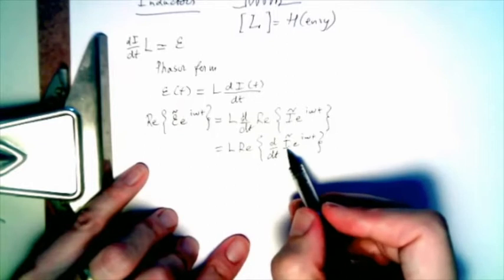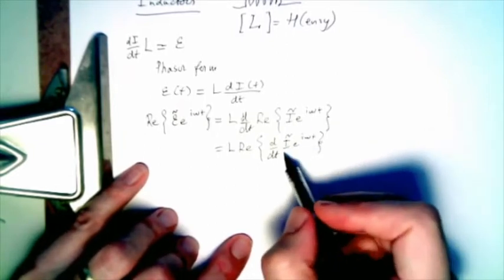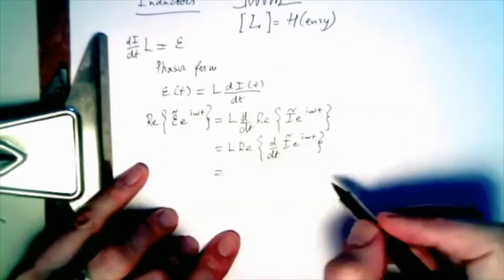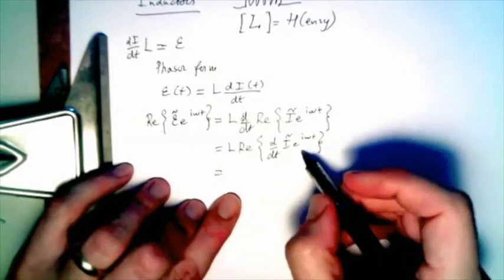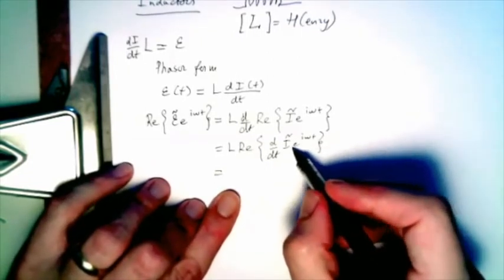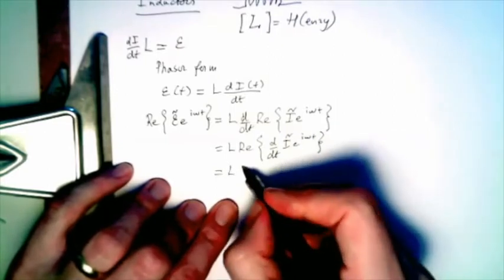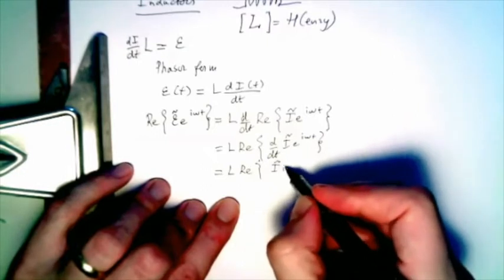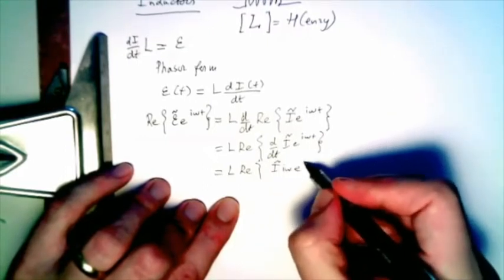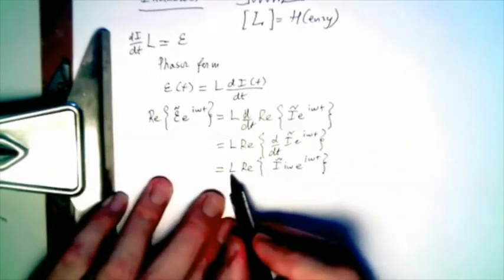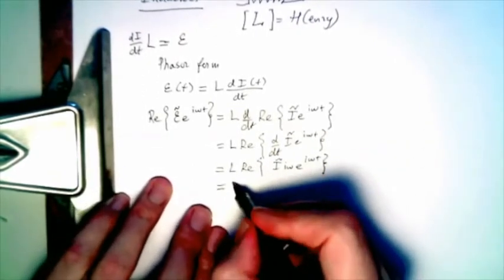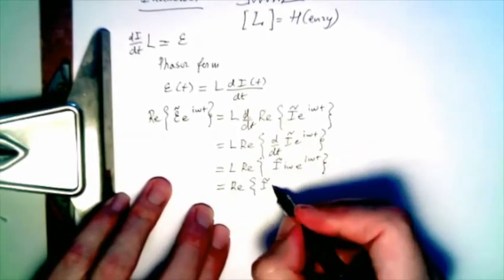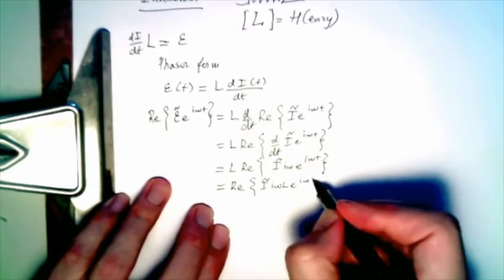And now this phasor doesn't actually depend on time, although at some point in the history of the inductor we must have turned this on, but we're looking for the quasi-static solution. So take the derivative, and we just get L, real part, and then we get i omega e to the power i omega t. Okay, now I'm going to pull the L in, and now we have the real part of the current phasor times i omega L, e to the power i omega t.